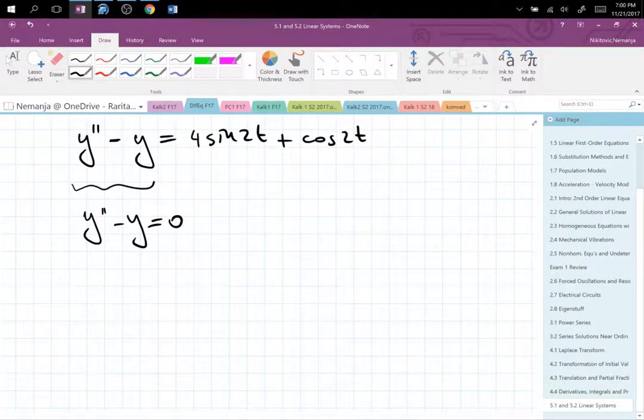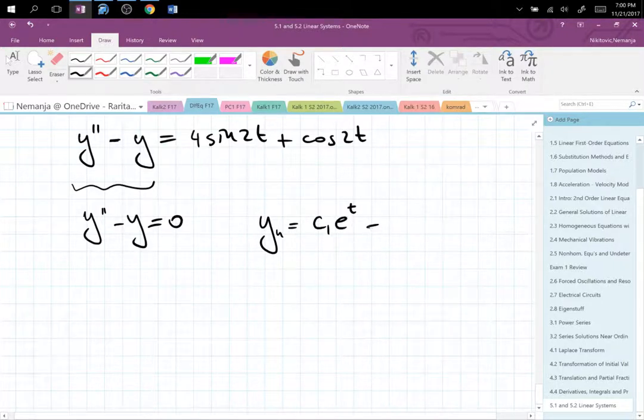So you like e's, there you go. Y homogeneous is going to be C1 e to the t plus C2 e to the -t. You get r squared minus 1, which factors into r minus 1, r plus 1, giving r = 1 and r = -1. And there you have the homogeneous part.